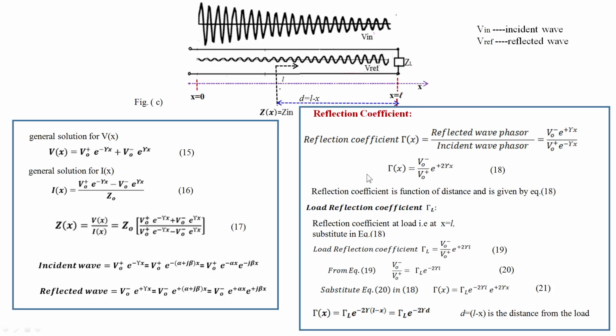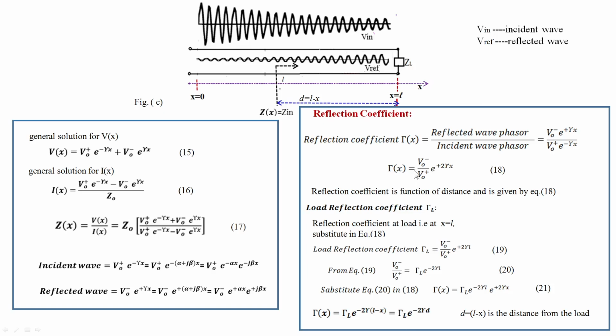That's why I substituted here. D is the distance measured from the load. So the reflection coefficient tau of x in terms of the load reflection coefficient tau L and distance is given by this equation. This equation also you can use to find the reflection coefficient.